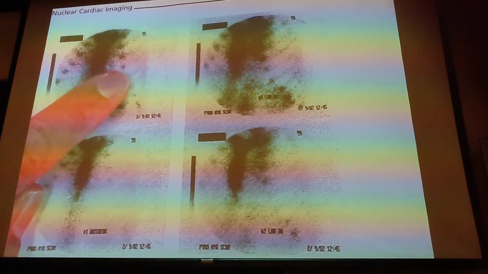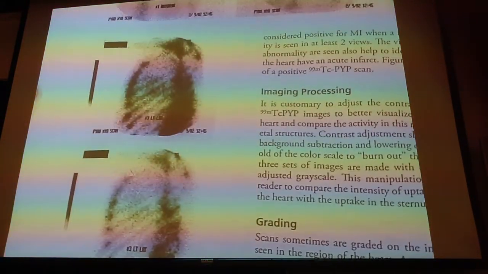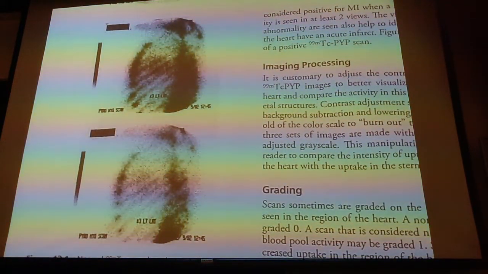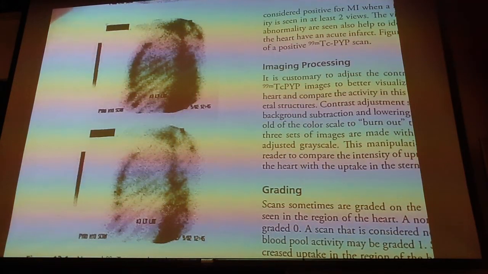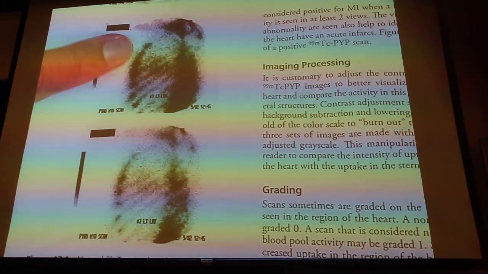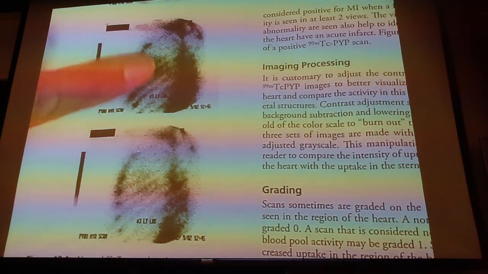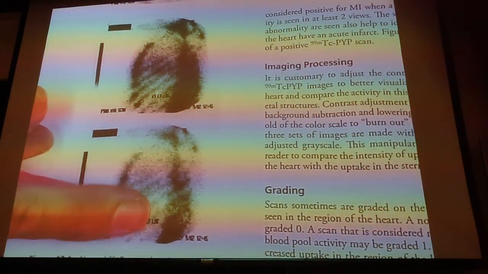When they're trying to determine whether or not there's an infarct, they compare the activity in the sternum and the ribs to the activity in the heart, like on this one down here. This is a dual intensity study, and they're calling it normal because the activity in the bone is more than the activity in the heart.